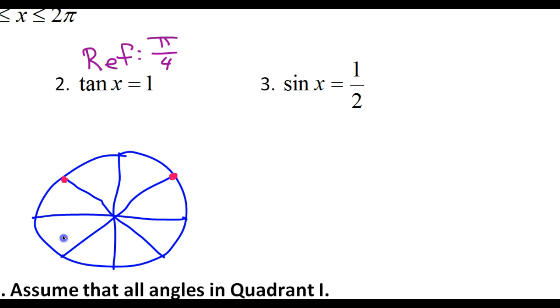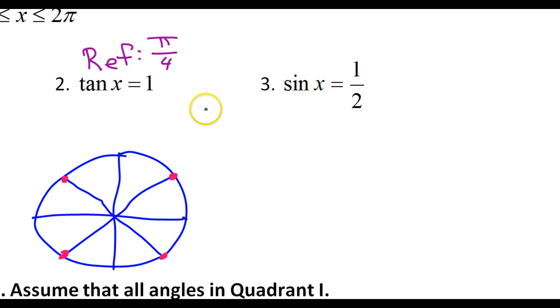So that leads to these 4 reference angles. All 4 of these will have a tangent of some kind of 1, but 2 of them will be positive and 2 of them will be negative. We want the 2 angles that will give me a positive tangent.